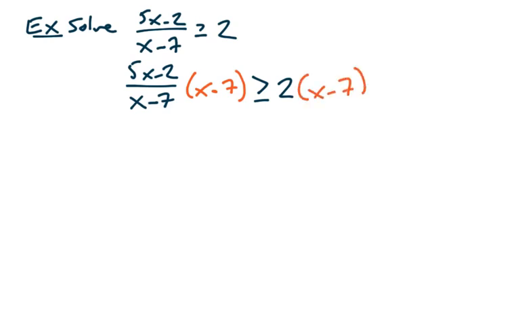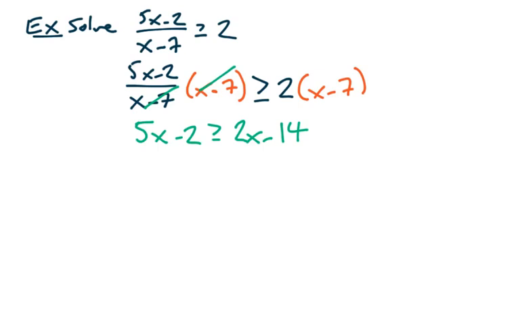that should be legal. And that would be cool because on the left side, the x minus 7s would divide out, and I'd have this most simple inequality. 5x minus 2 is greater than or equal to 2x minus 14. And oh, that would be so easy because then you could just gather the x terms together.